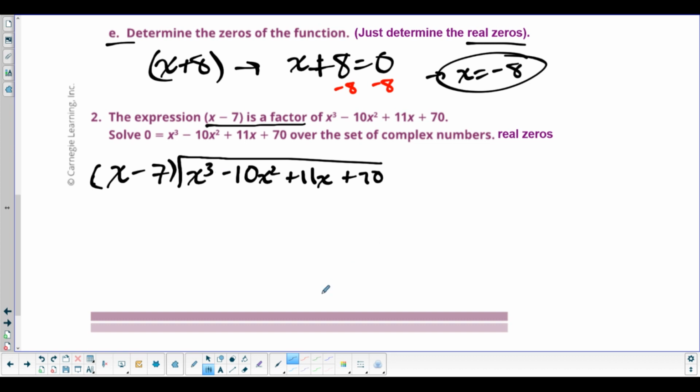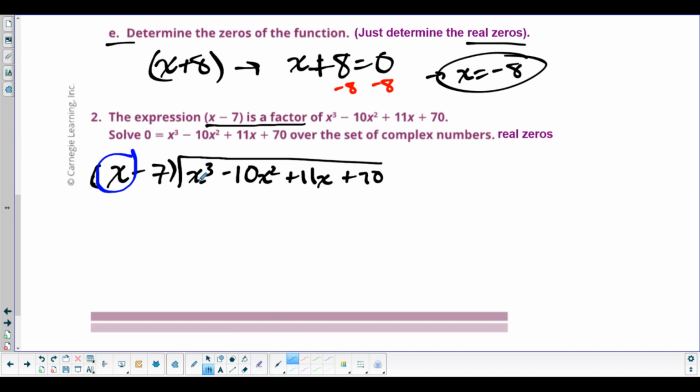And what you're going to do is try to get this divisor, the thing on the outside, into each of the terms of your polynomial, starting with the leftmost. Now, the most important piece to look at is this x right here. This is the money thing. This is what we're trying to get into our polynomial.